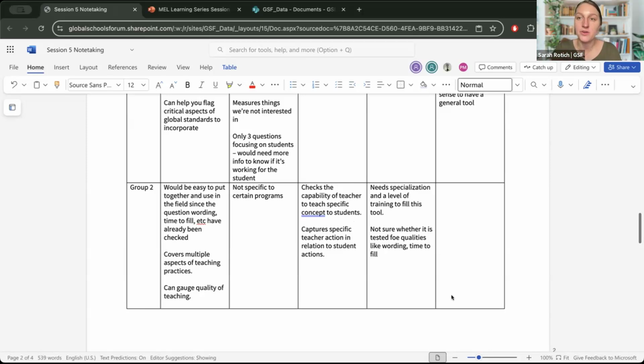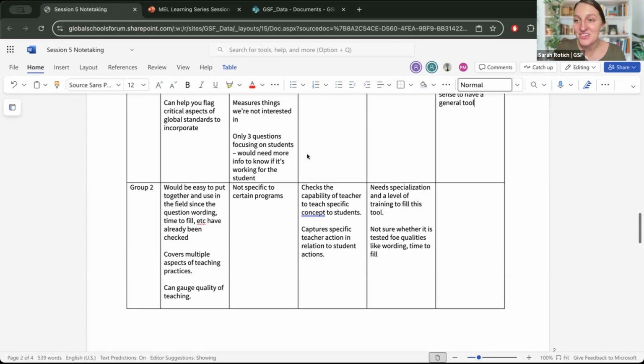You can get really granular with it if you're creating something on your own. It needs specialization and a level of training to fill it out. Right, you would have to know exactly what the program is supposed to look like to be able to know if people are doing it. And you might not know if this has been tested by a bunch of people to know if the wording's clear and if people who are watching the lesson have time to fill it in.